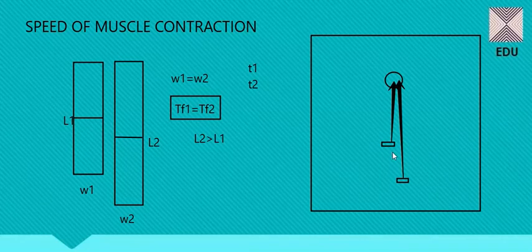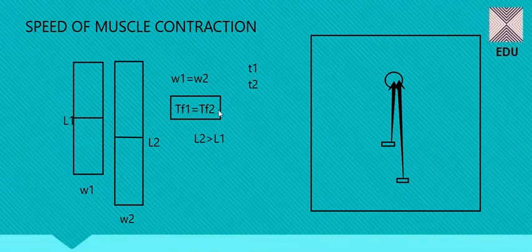So this is the inference. If they are going up to this level at the same time, this student will have more speed.